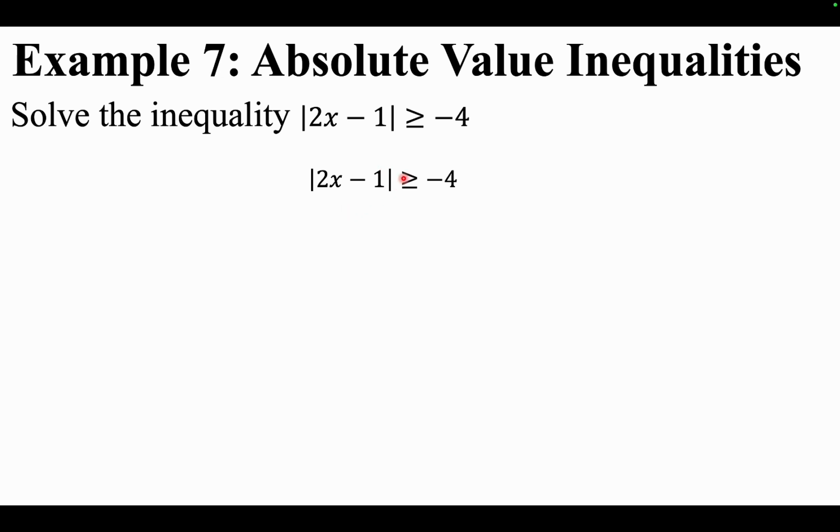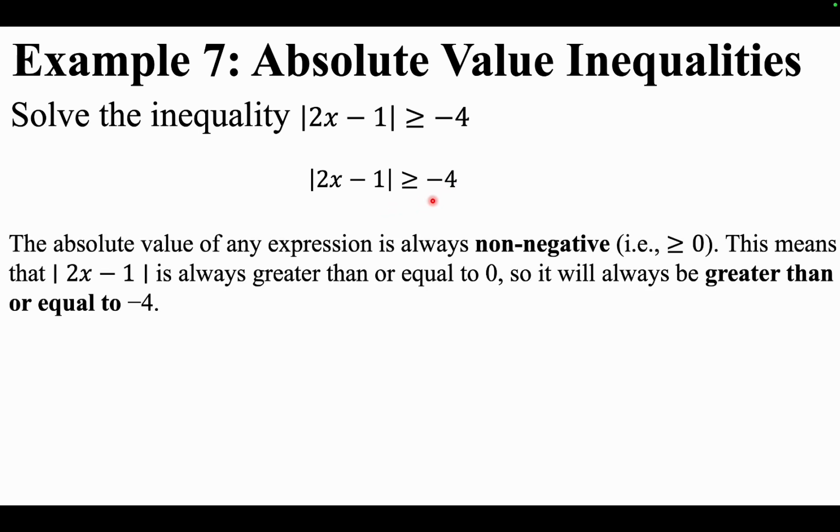Is 0 greater than or equal to -4? Well, 0 is always bigger than those negative numbers. So that's always true. The absolute value of any expression is always non-negative, which means that the absolute value of 2x minus 1 is always going to be bigger than or equal to 0. So it will always be greater than this negative number right here.